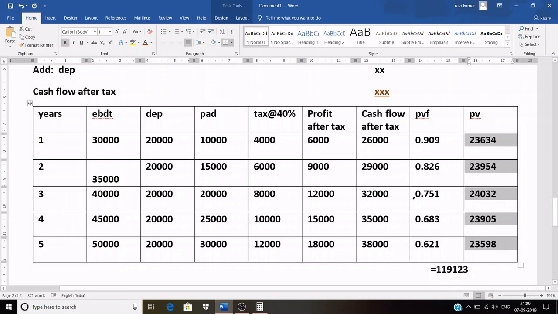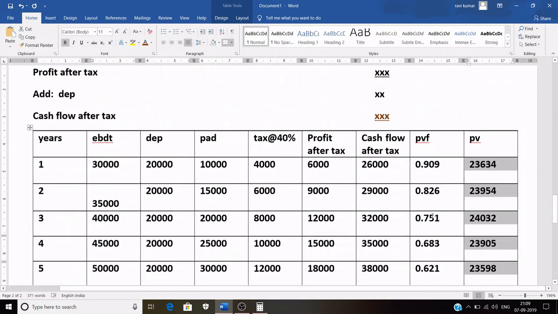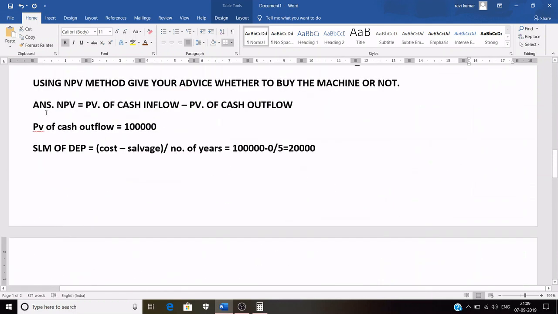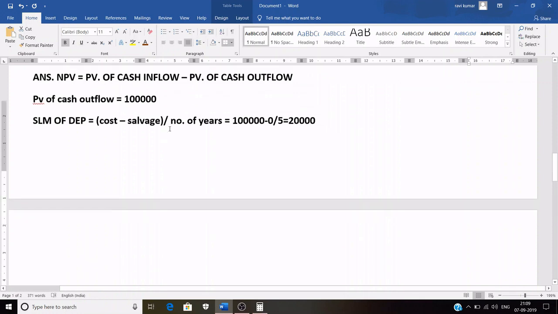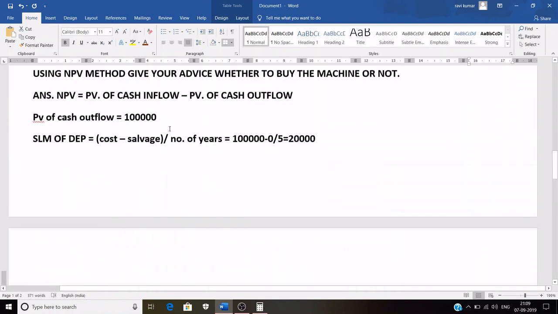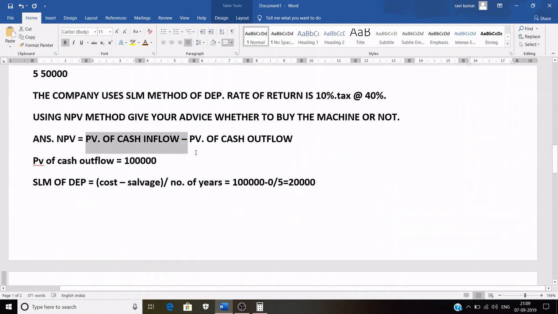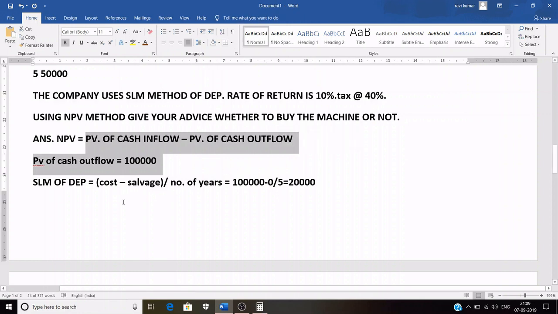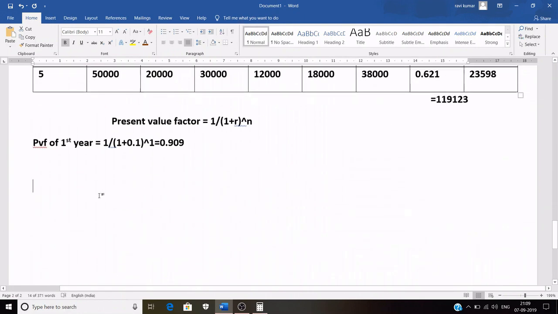Now we have present value of cash inflow as well as present value of cash outflow, that is 1 lakh. So we can simply calculate NPV here.